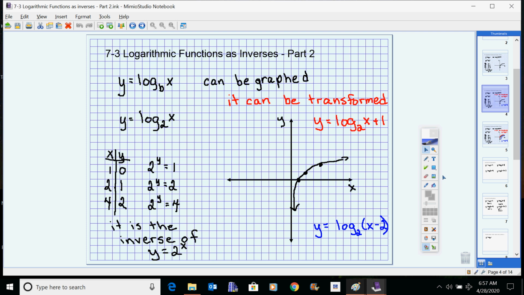Focusing more on you being able to recognize what it can do rather than the precise graphs on these things, because you're really just applying the one thing to the next thing to the next thing, and this would apply to all types of graphs. So this one's going to move it up 1, and this one is going to move it right 2. And here's basically what that looks like. Here's your original, right, all the points are right 2 for this one, and all the points are up 1 for this one. Okay, so same rules that we've been doing all year.